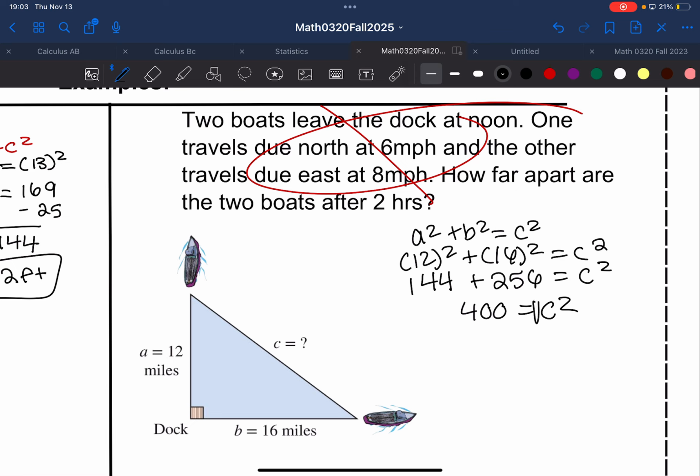Square roots. So c is equal to 20. Right? And what would be the units? Miles. So the question was, how far apart are the 2 boats after 2 hours? Well, the boats are 20 miles apart after 2 hours. Because we just answered this, c.